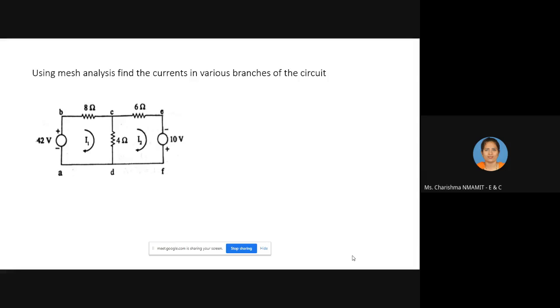That voltage source value is 42 volt. First, the mesh currents are given and the orientation is also given. Try to apply KVL and write the equation for mesh 1 and mesh 2.